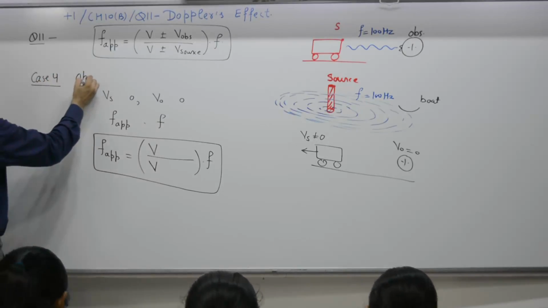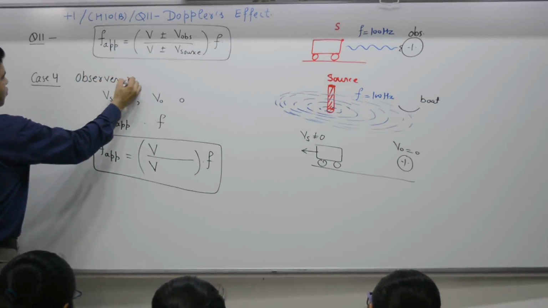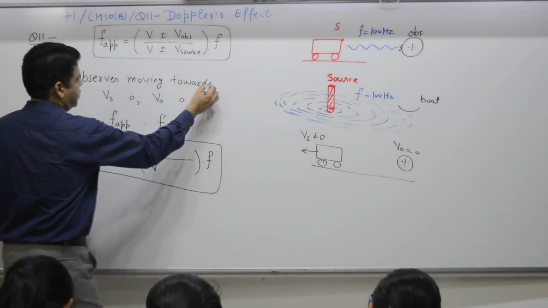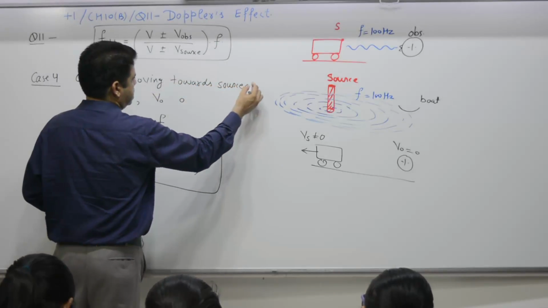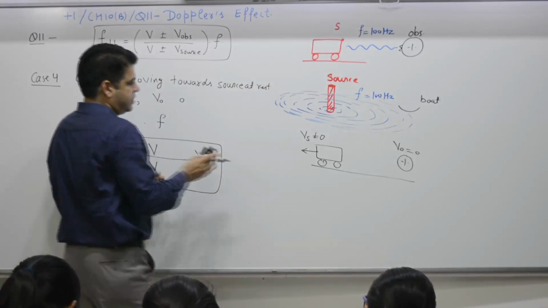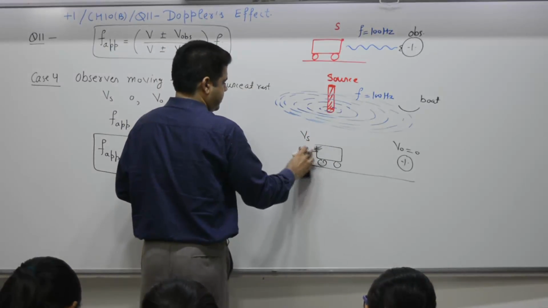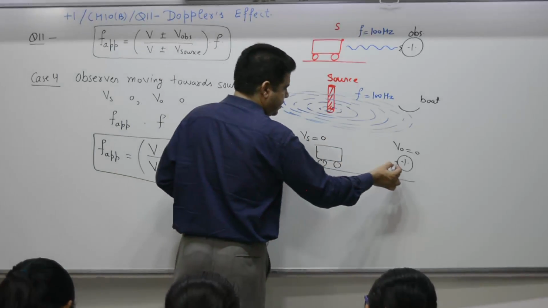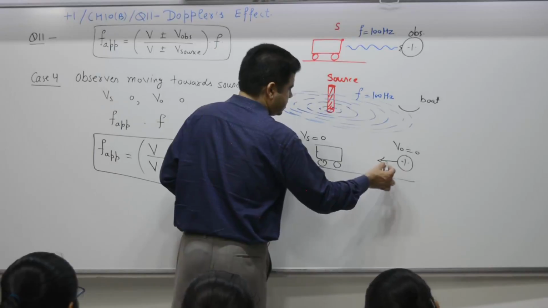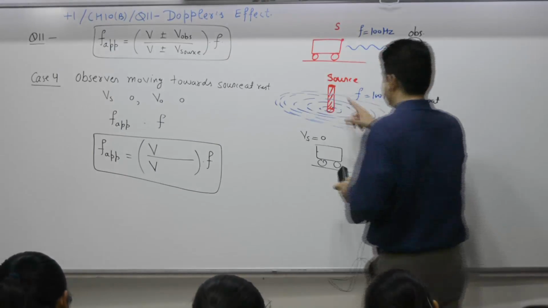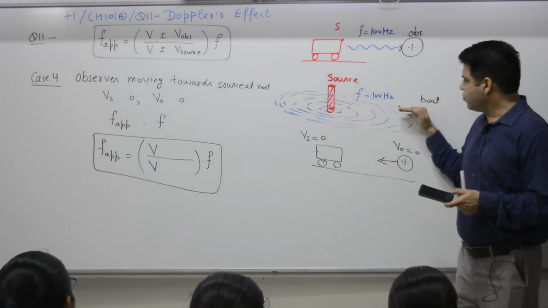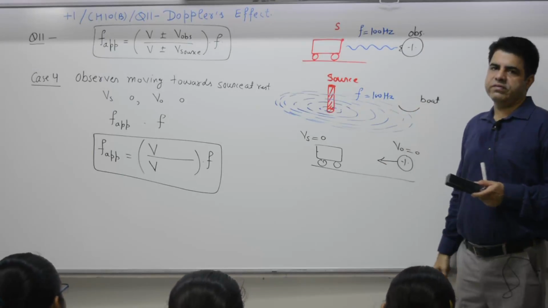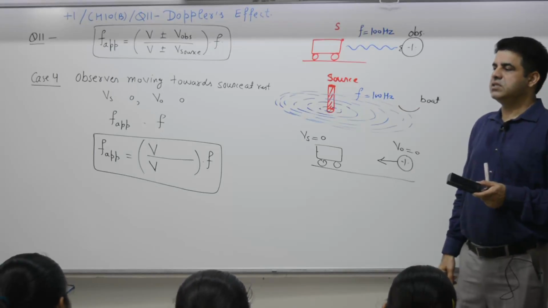Observer moving towards source at rest. Source is at rest. Train is at rest. And observer is moving towards. In this case, source, boat. If boat starts moving towards, it will receive more number of waves or less number of waves? More number of waves. So frequency will increase.